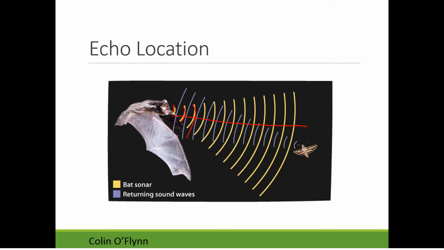If there's a target in the vicinity, it reflects off the target, and you get an echo back. If you're doing more advanced processing, you could figure out things like the size of the target. Not only is there a target there, but based on the intensity of the echo, as well as the time delay characteristics of the echo, you can tell a little bit about what the target might be.